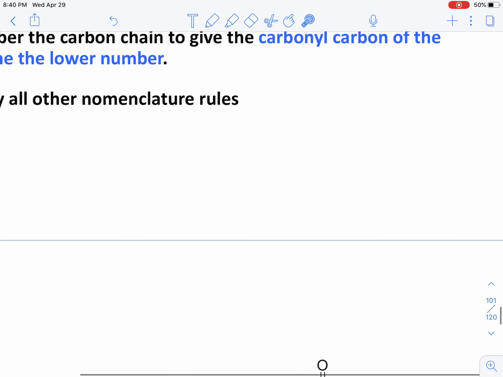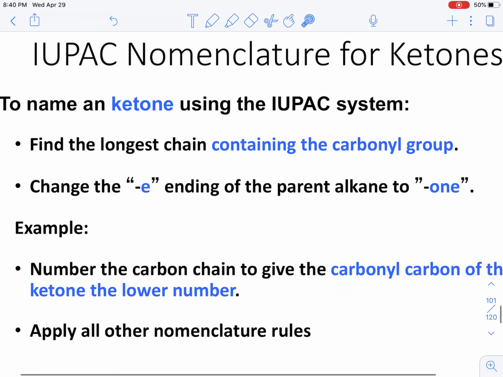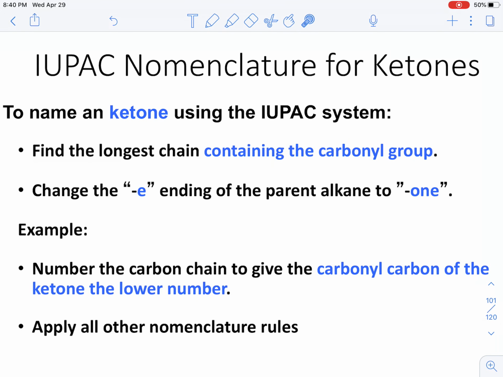So I'm going to go ahead and go back up a slide real quick. And we are going to learn how to name ketones using the IUPAC method. To name an organic compound that contains a ketone, very similar to all of the other naming rules that we've discussed, we're going to find the longest chain that contains the carbonyl group.